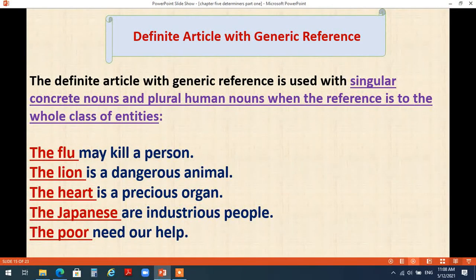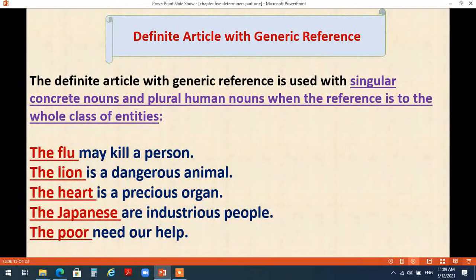Also here we used a singular concrete noun, the word heart, and it is used for generic reference. The Japanese are industrious people. This is an example of using plural human nouns, as if we are saying the Japanese people. We used the Japanese as an example of the class of Japanese people in general.